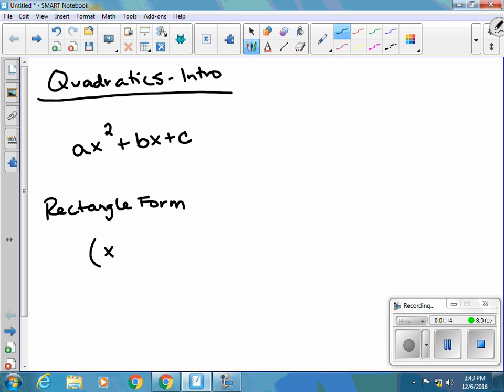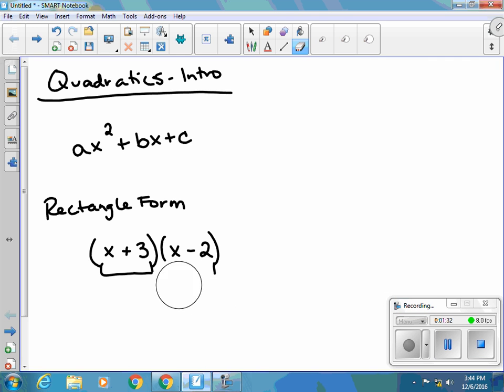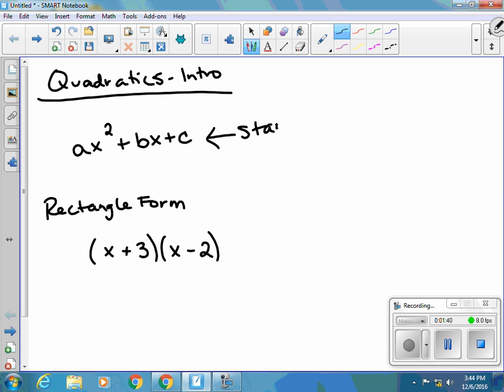For instance, if I had x plus 3 times x minus 2, these dimensions are different. With that being said, currently it's not in quadratic standard form, so in order to find that, you need to actually distribute.